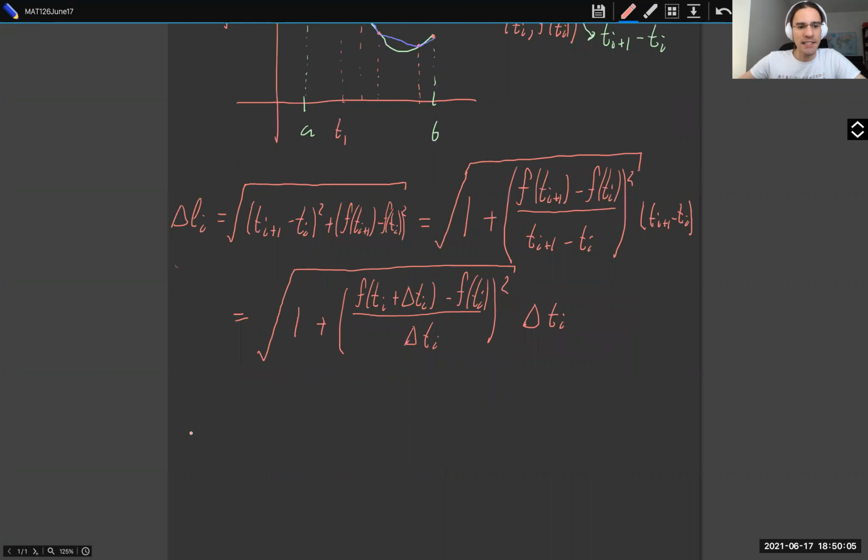And so this approximate length can be written as the sum from i equals 0 to n minus 1 of the square root of 1 plus f of t sub i. I'm a lazy person.